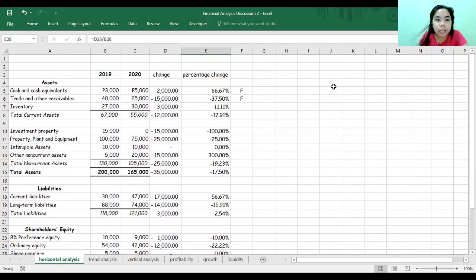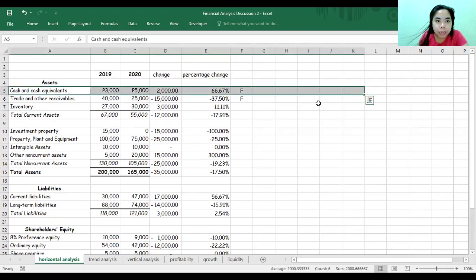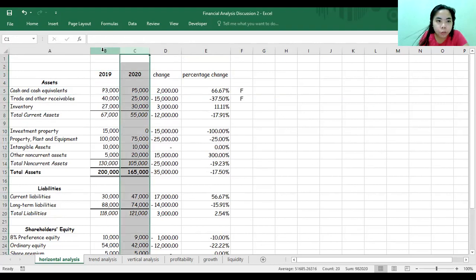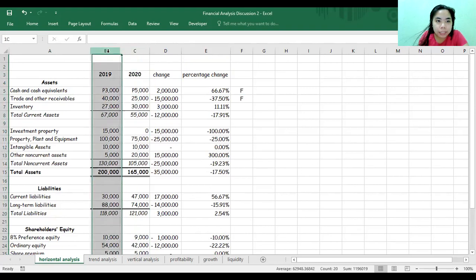So that's the horizontal analysis. We analyze data in a horizontal manner, and we are comparing 2 years for horizontal analysis.